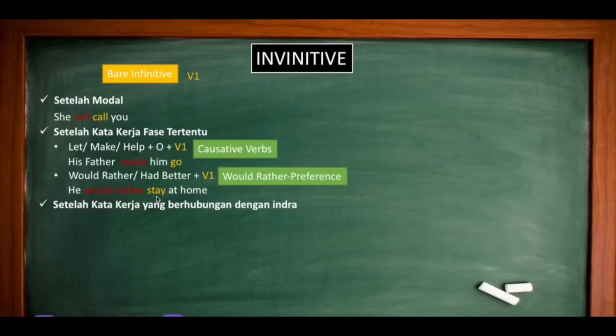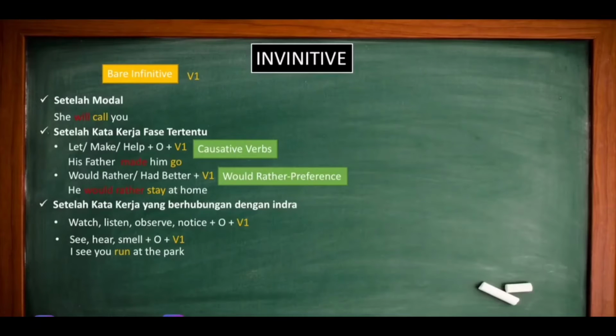Okay, the third one is the use after verbs related to the senses. For example, like watch, listen, observe, notice plus object plus verb one. Okay, the second, to use see, hear, smell plus object plus verb one.